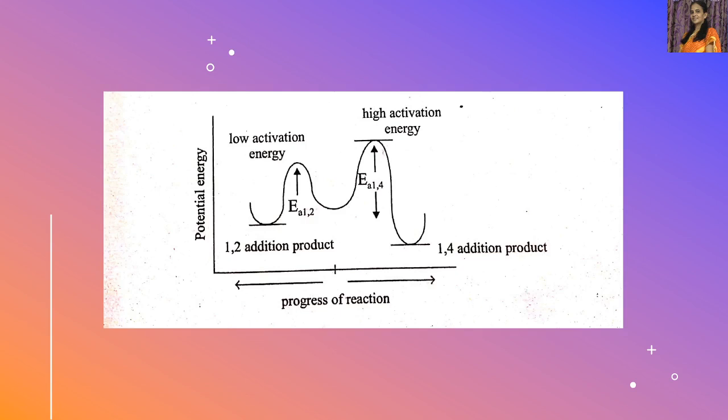Okay, now let us see the reaction energy diagram of this reaction. This is potential energy on the y-axis and the reaction coordinate, progress of the reaction, on the x-axis. And here for the 1,2 addition product, activation energy is less.